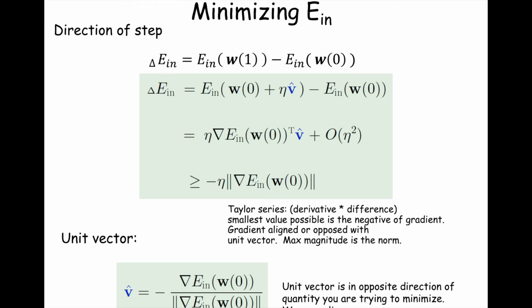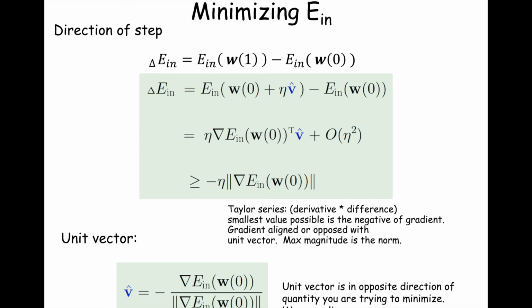And so what do you do to normalize? You divide that quantity, that vector, by its magnitude, and it's normalized, okay? So here we have v hat is going to be this minus, right, because that negative sign hasn't changed, gradient of En at W naught, because that's the gradient at that W naught point on the surface, over its magnitude. And so here in the denominator, we have the magnitude of the gradient of En evaluated at W naught. Does that make sense? Any questions about this?